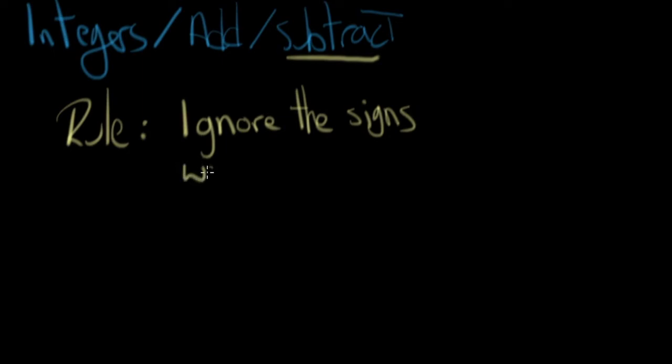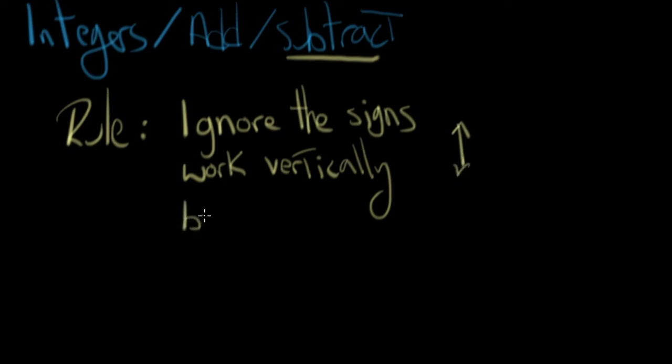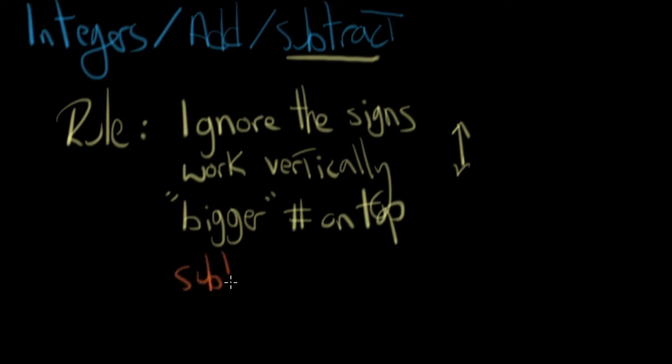You're going to work vertically. I love working vertically, up and down. That means up and down. You're going to put the bigger number on top, remember we've ignored the signs, and since we're working vertically, then we're just going to subtract.